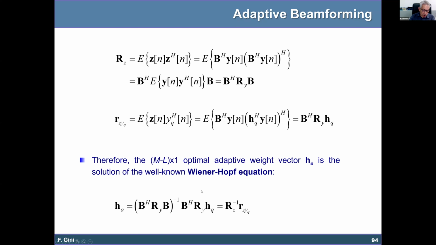The solution that we derive by solving the optimization problem, by calculating the gradient and setting the gradient equal to 0, is exactly equal to the solution of the Wiener-Hopf equation. So it's the best linear minimum square error estimator.